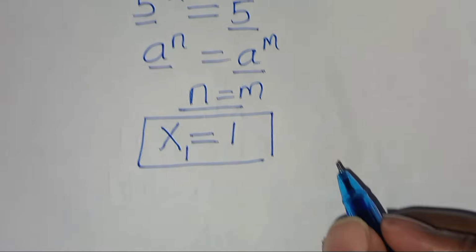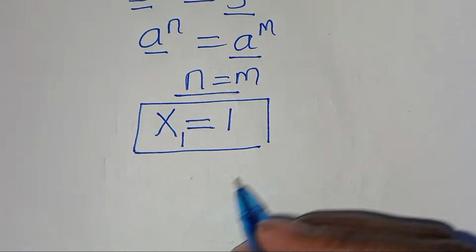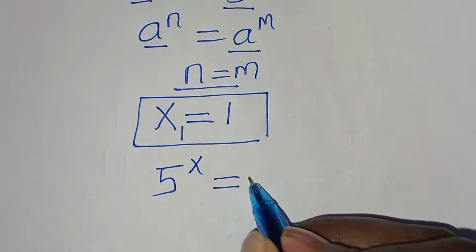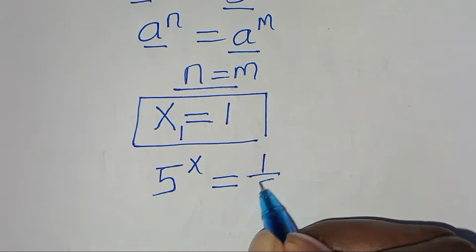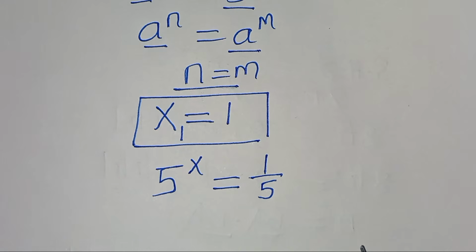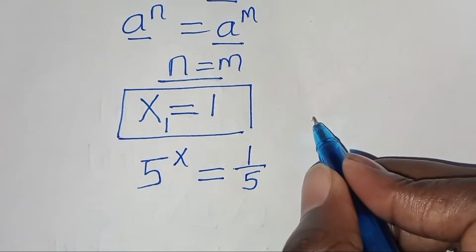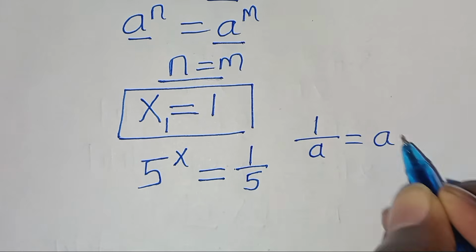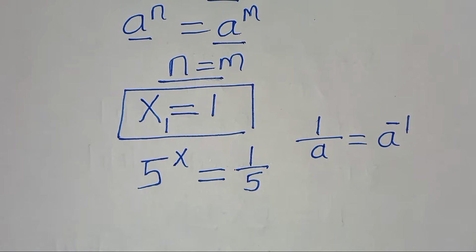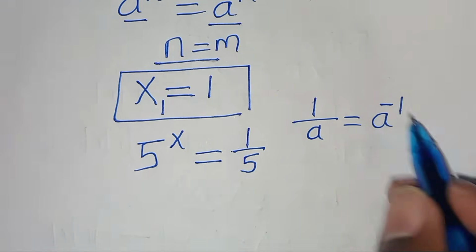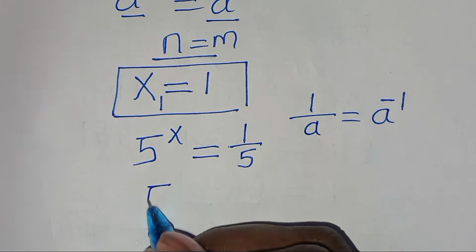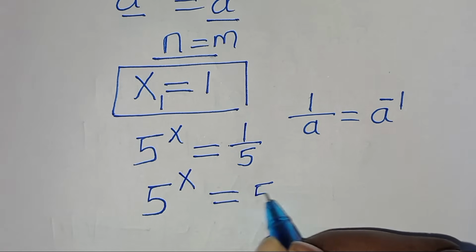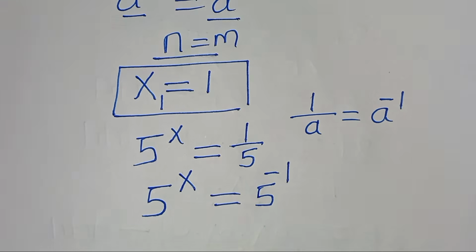Now, let's proceed to u2. Remember 5 to the power of x is equal to u2. u2 is 1 over 5. Now, given that 1 over a is the same thing as a to the power of minus 1, applying this property, we have 5 to the power of x equal to 5 to the power of minus 1.